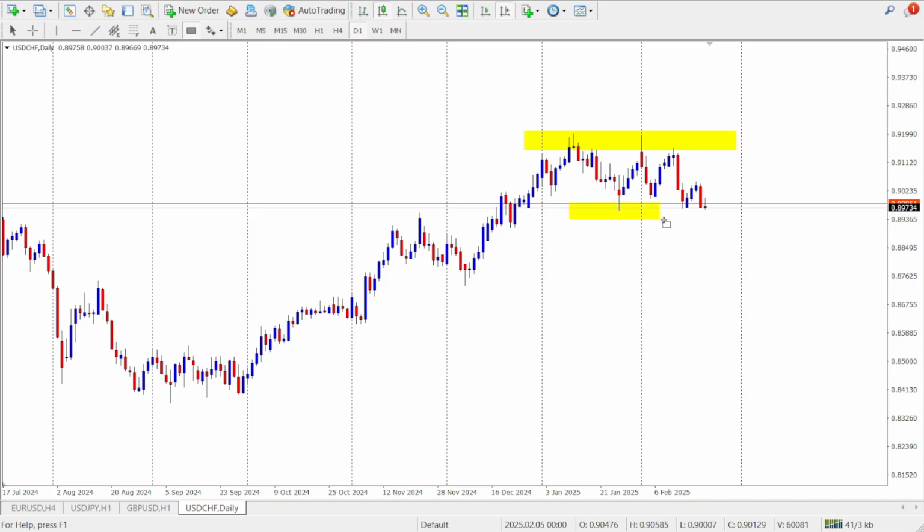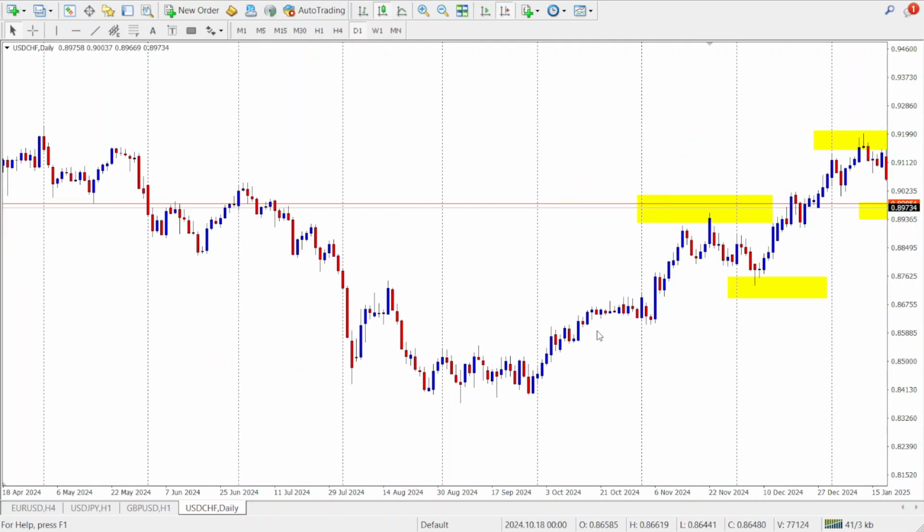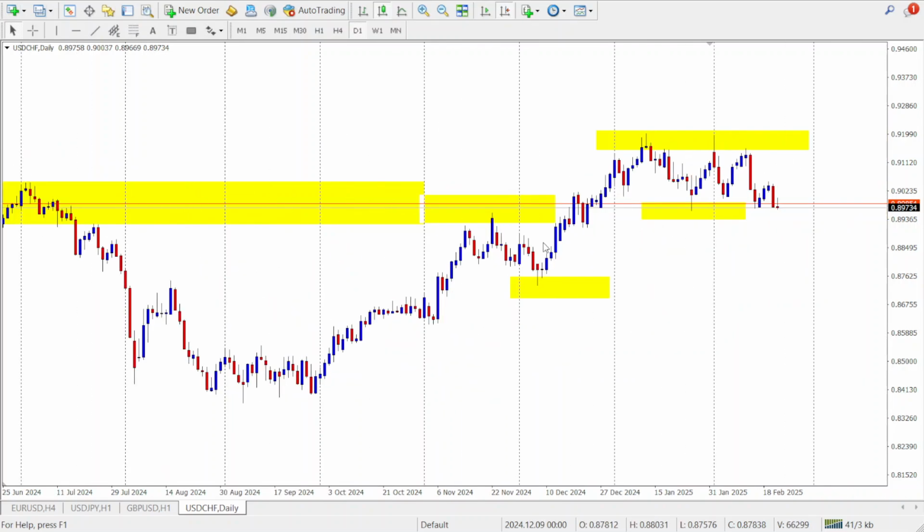I'm just going to extend this particular high. So this could be previous highs and lows, or key supports and resistance levels.